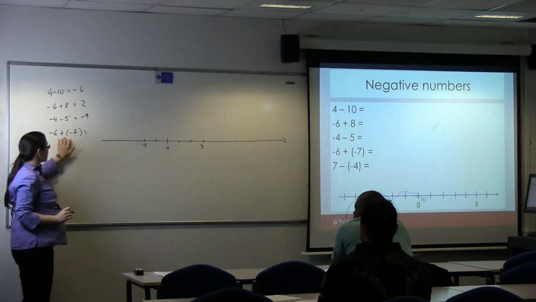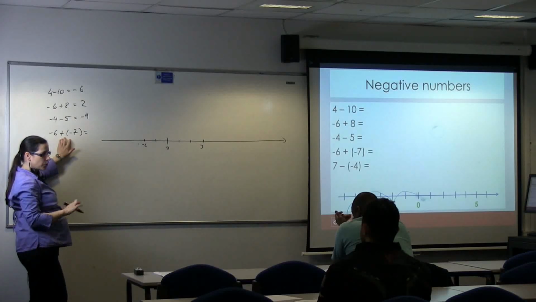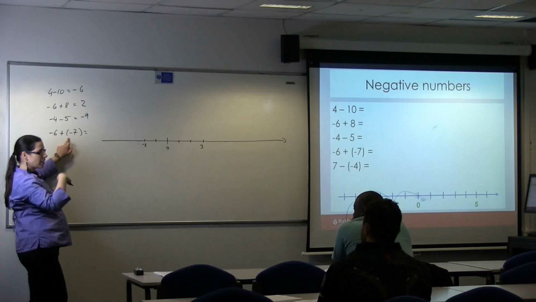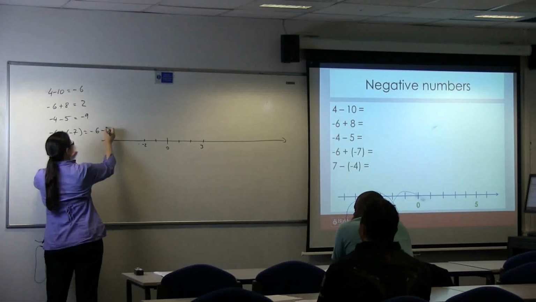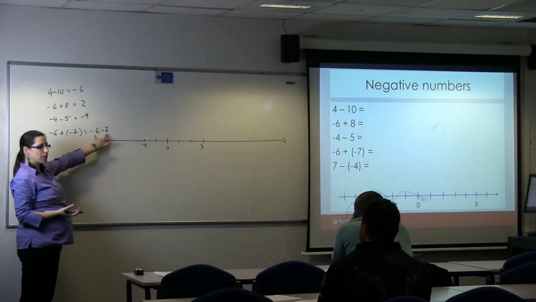Now, when I have got two signs in here, that's again where your note about positive, negative makes negative comes in, because I'm adding a negative number, that's the same as taking away the positive. So I can write this as minus 6 minus 7. And you might be able to see this way easier what's going on.